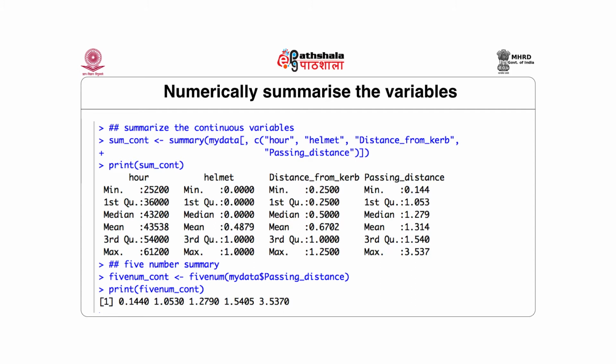And then you could manipulate the third and the first quartile to get the interquartile range as a measure of dispersion that is quite useful for us. So this is how you numerically summarize the variables. The things that get omitted from this are the mean and standard deviation, which you can otherwise use.